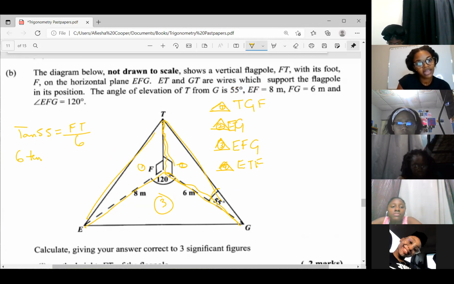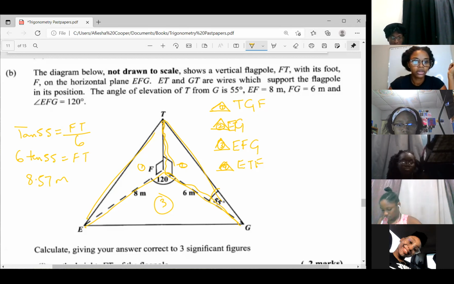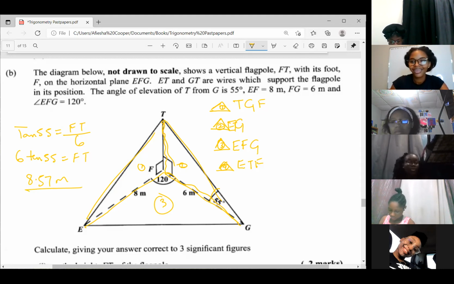That will be 6 by tan 55, which is 8.57 meters. They said calculate to 3 significant figures. I have 8.57. Yeah. All right.